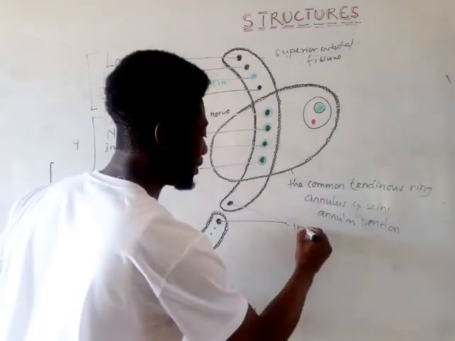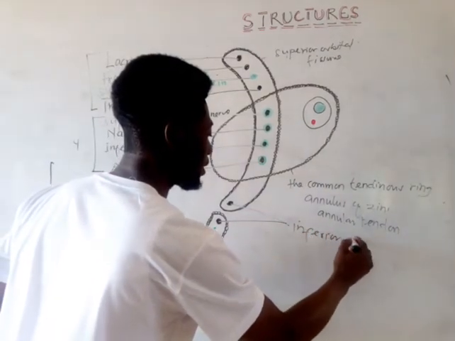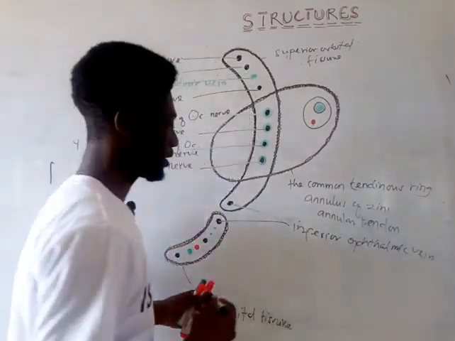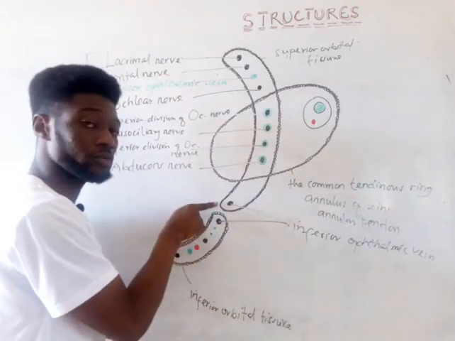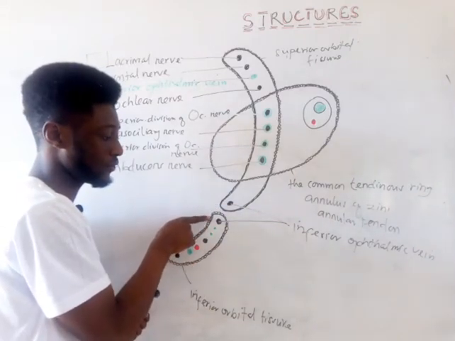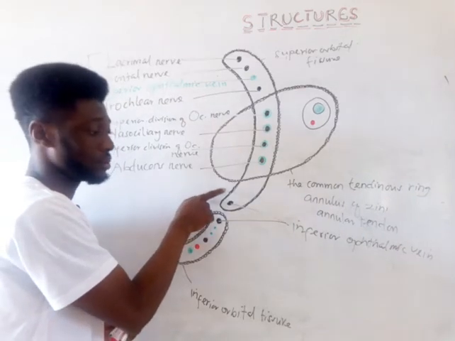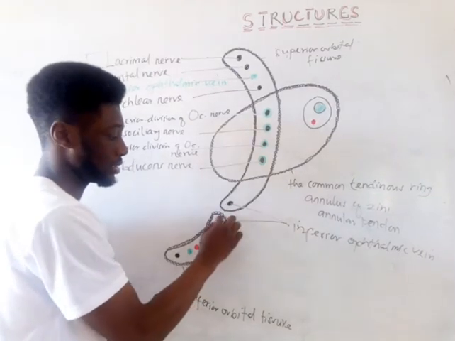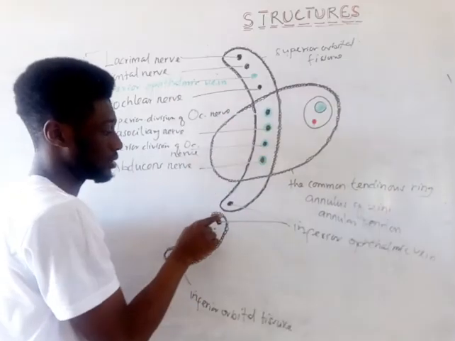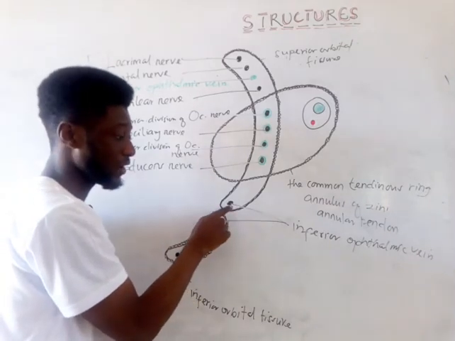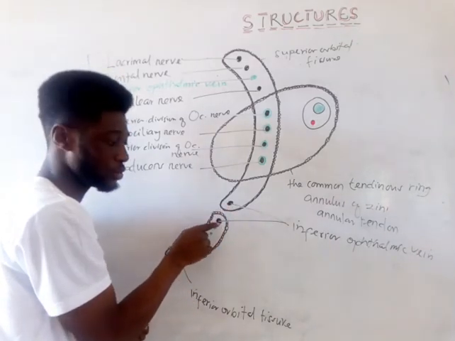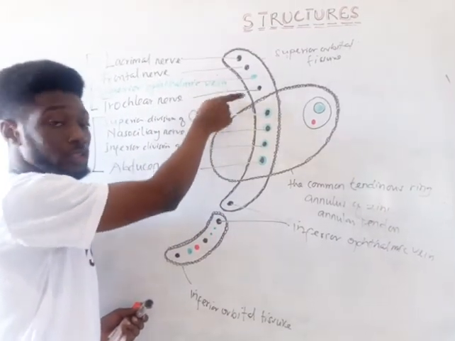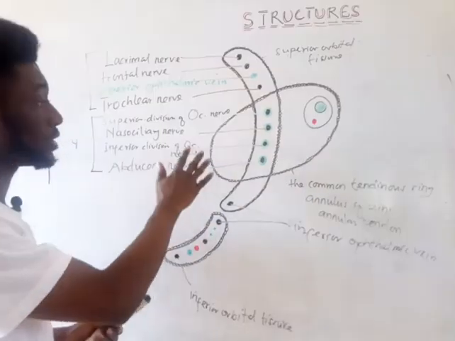The inferior ophthalmic vein can drain down through the superior orbital fissure, and also to the inferior orbital fissure. This structure is the inferior ophthalmic vein. You get the point.